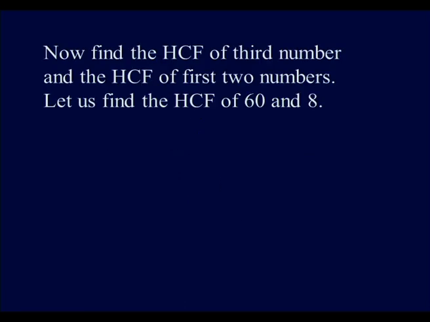Now, find the HCF of the third number and the HCF of the first 2 numbers, that is, the HCF of 60 and 8. Now, 8 divides 60 seven times, 8 sevens are 56. So, the remainder is 4 and 8 becomes the new dividend in this case. So, 8 divided by 4, 4 twos are 8 and the remainder becomes 0.